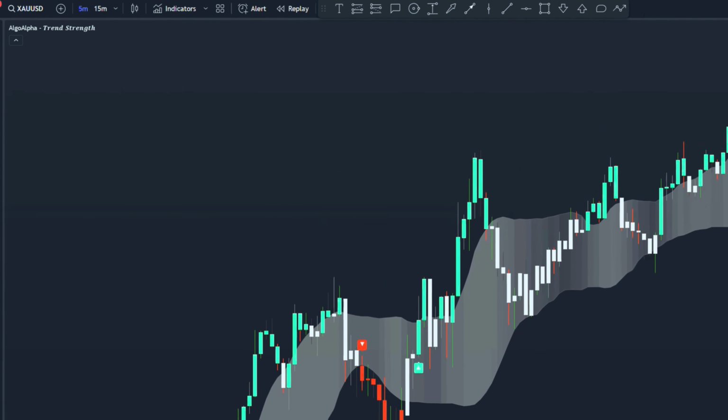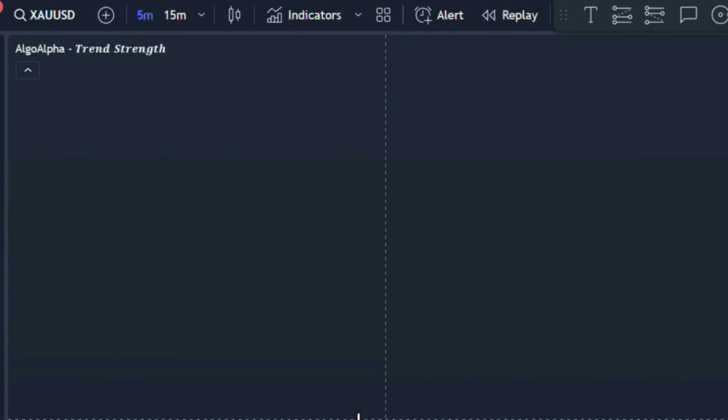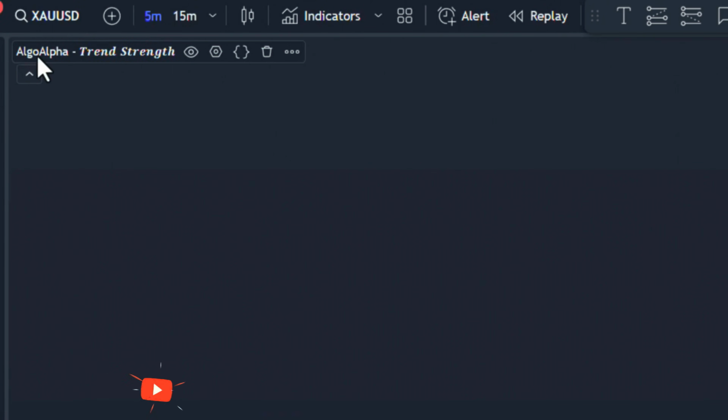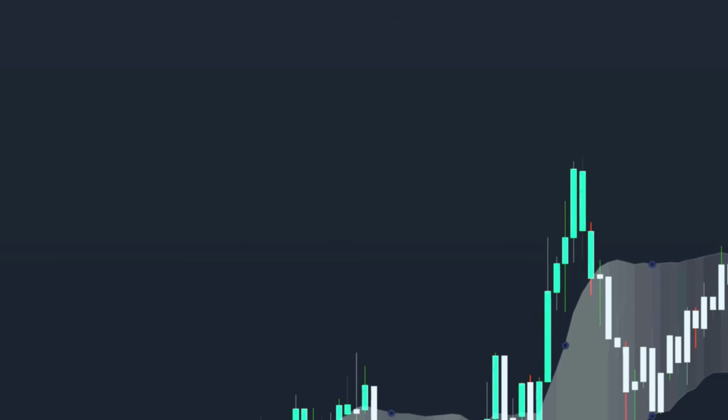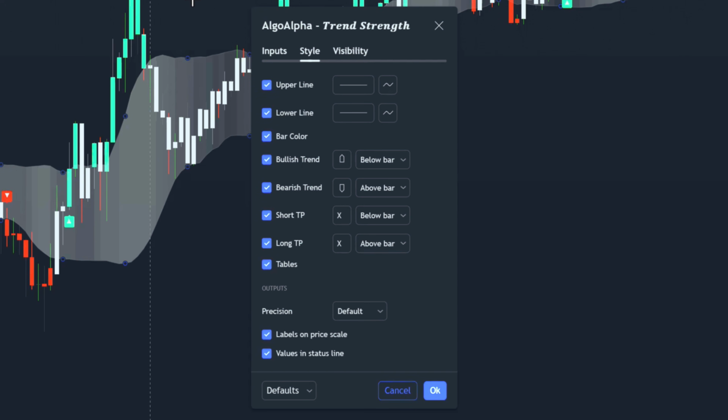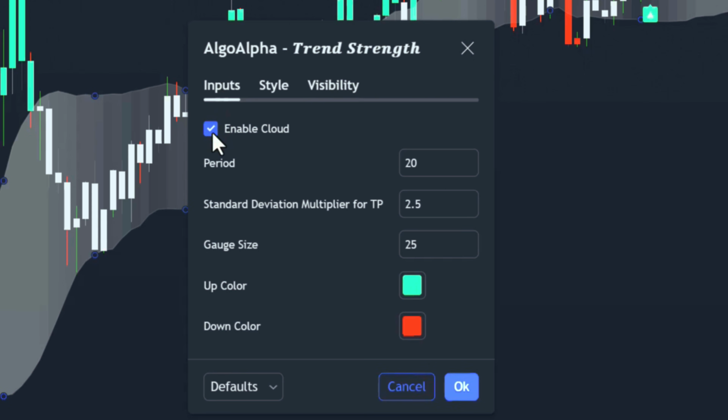Now let's get back to our strategy and tweak the Algo Alpha Trend Strength Signal settings to optimize its performance and keep our chart clean and easy to read. Here's how. First, find the Algo Alpha Trend Strength Signals and hop into the Input section. We'll start by disabling the cloud.